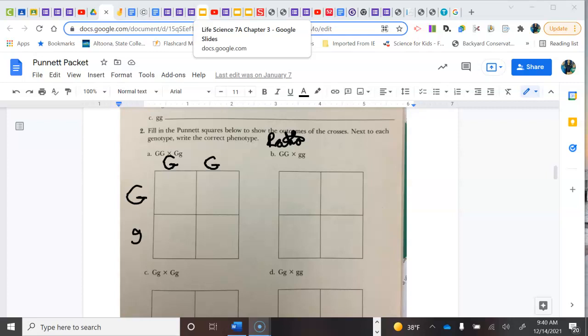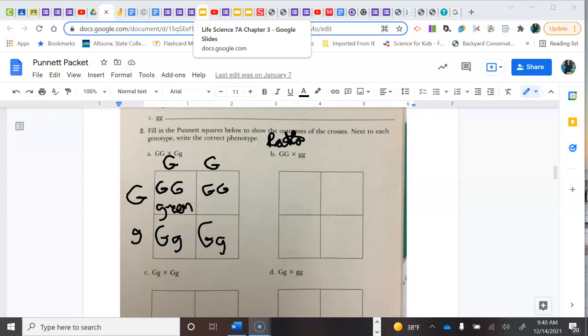Make sure that one parent is always on top, one parent is on the side. You never crisscross them. So when I do this, bring one down, big G, bring one over, big G, big G, big G. Bring one down, big G, bring one over, little g. Bring one down, big G, bring one over, little g. So here's green, green, green, and green.